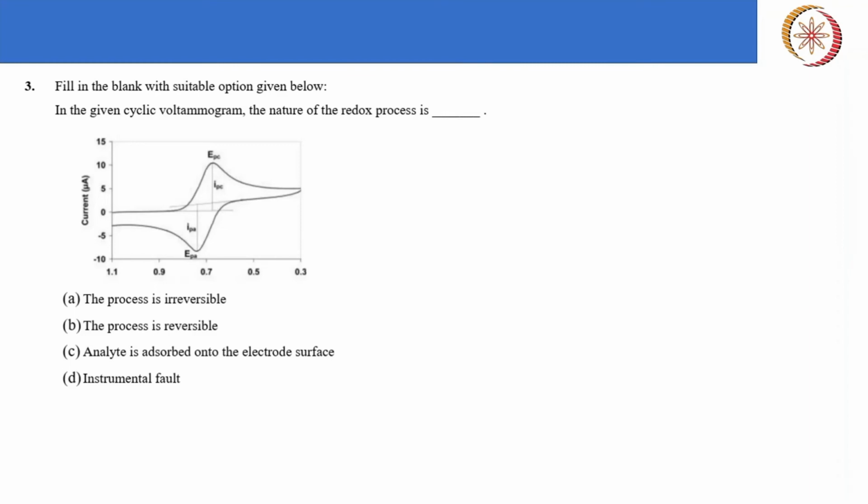Yes, you can say it is a reversible process, but it is not mentioned what the peak potential separation is. Basically this separation should be 0.0592 by n. If it is a one electron process and the potential separation is in between that, and the peak current during oxidation and reduction is the same, then it is a reversible process.